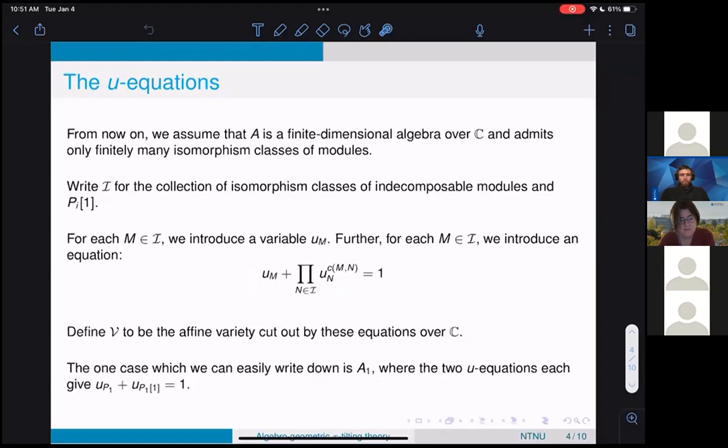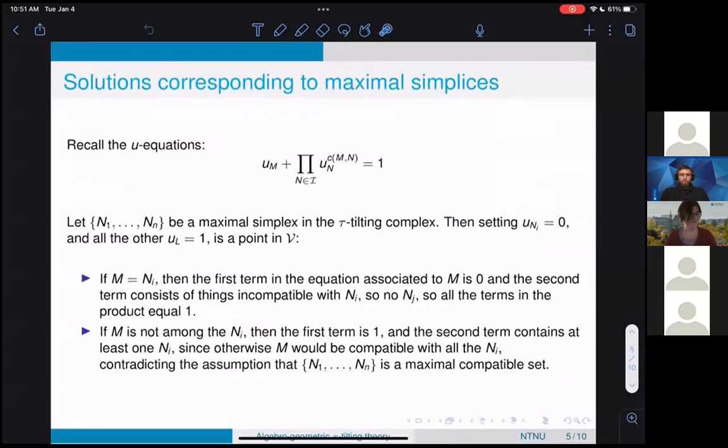And we can ask ourselves what, well, I mean, of course, we can write down a bunch of random equations, so I'd better try to convince you that there's something interesting to say about them. So first of all, I want to explain quickly how these equations capture tau tilting theory.